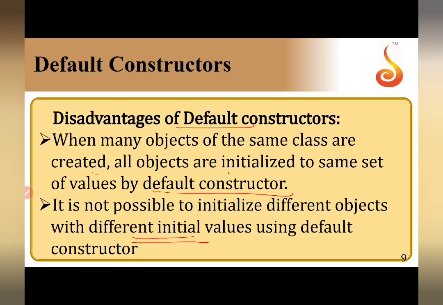The initial values remain the same. Any number of objects you create, you cannot change the initial values for each object. That is what it means. So it's definitely a disadvantage because you may not want the same initial values for all the objects created.